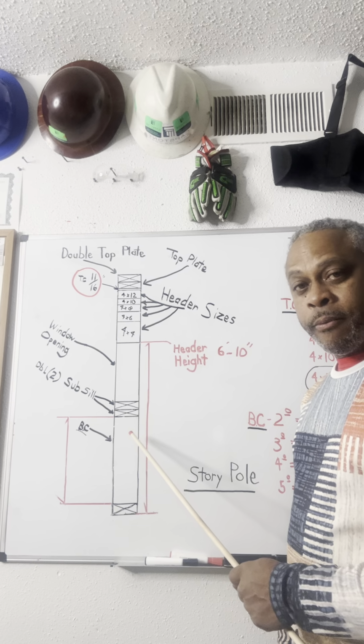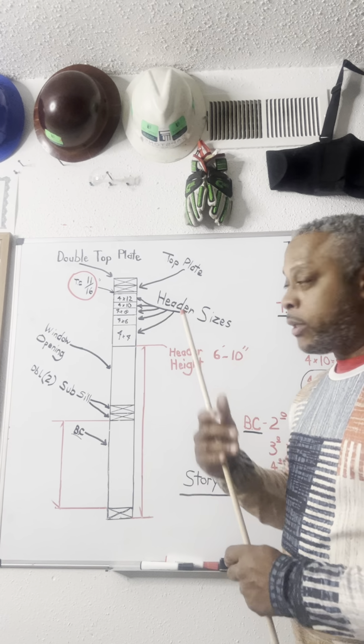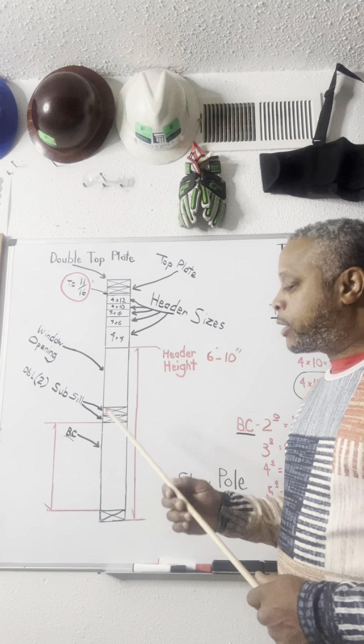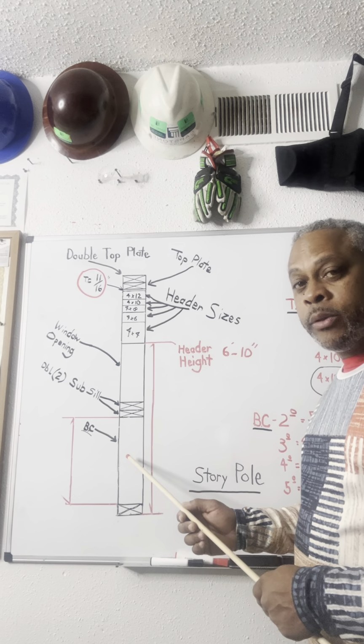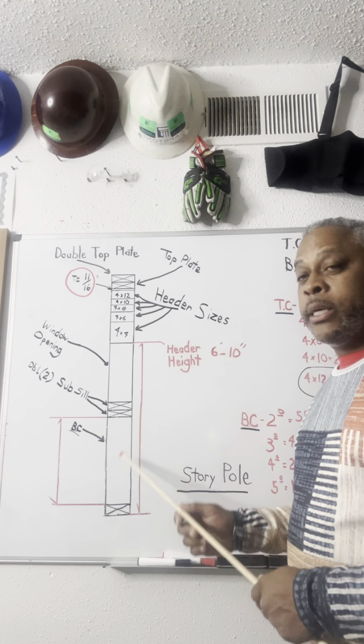So remember, as the window gets longer from the header going towards the ground, the height stays the same, but the seals drop down and the cripple gets shorter. Just like we explained, as the header gets bigger in terms of thickness, to the 4x4 to the 4x6, the top cripple gets shorter.